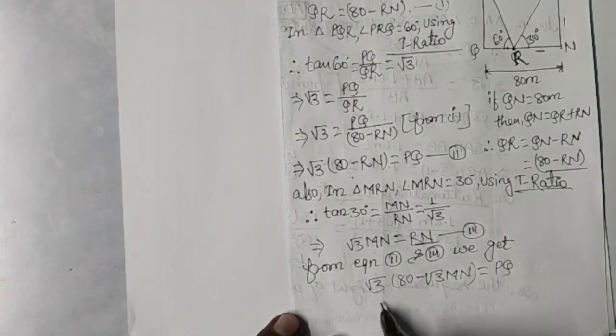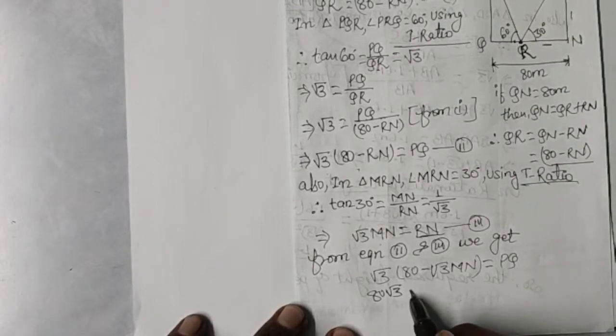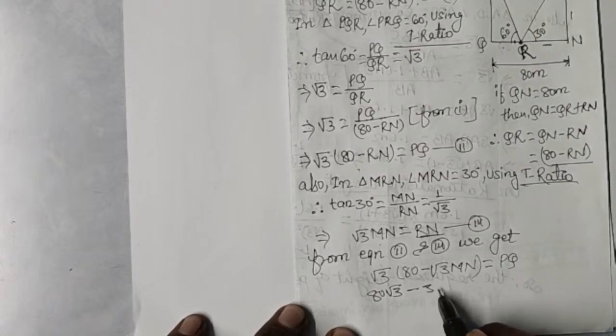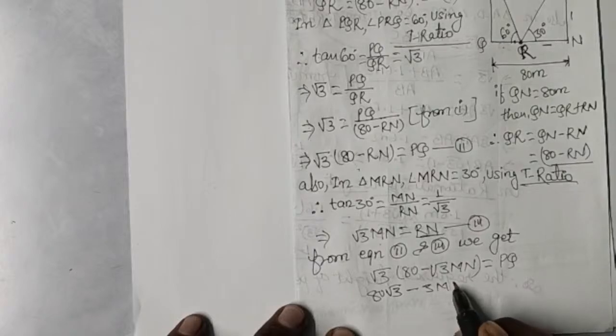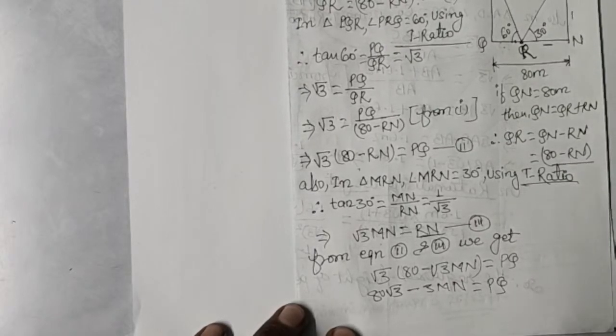Therefore it will become 80√3 minus 3 MN equals PQ.